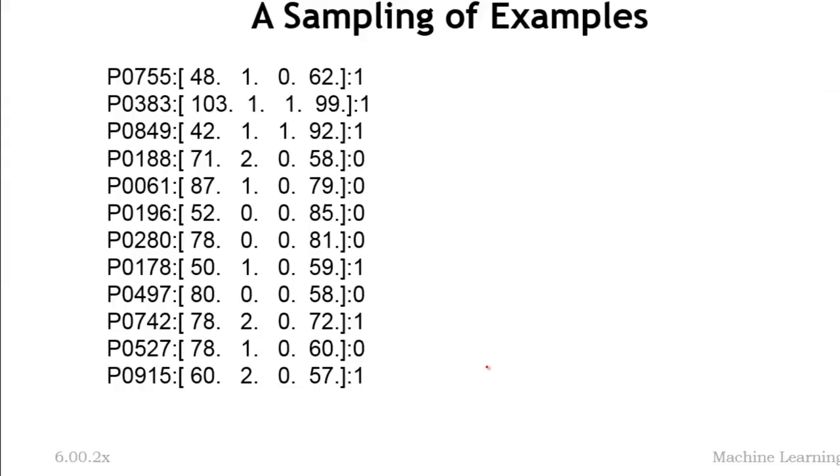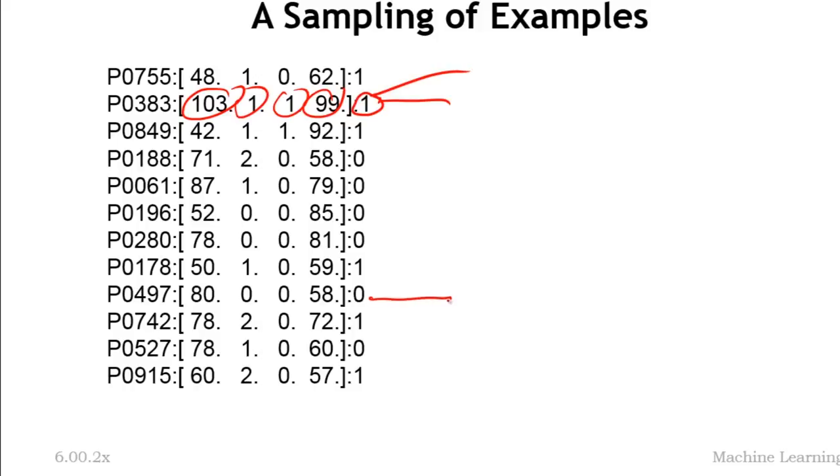Here's a short sampling of some of the patients that we produced. So this patient, for example, had a heart rate of 103, 1 previous heart attack, ST elevation, was 99 years old. Not shockingly, the outcome was not good for that patient.